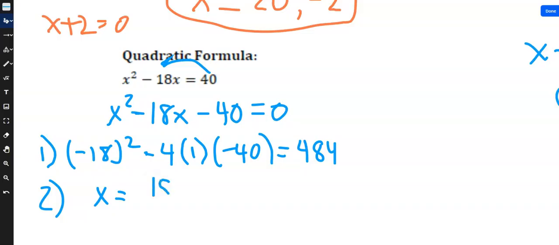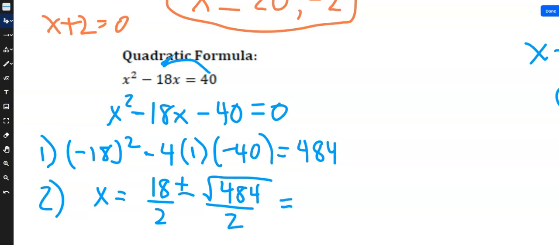And so we now have the opposite of b, plus or minus the square root of 484, over 2a. So that would be 9 plus and minus the square root of 484. The square root of 484 is 22. And so 22, which is the top value there, over 2 is 11.